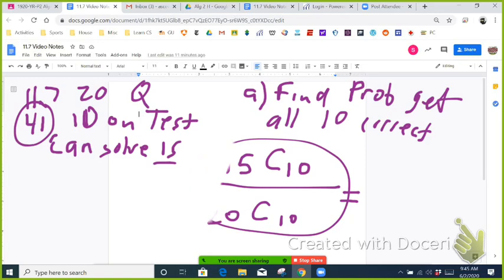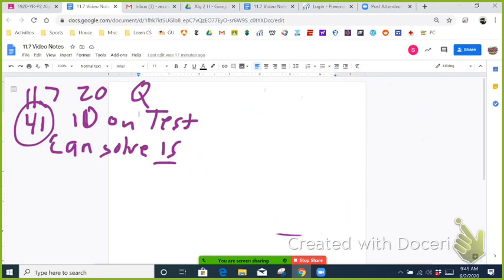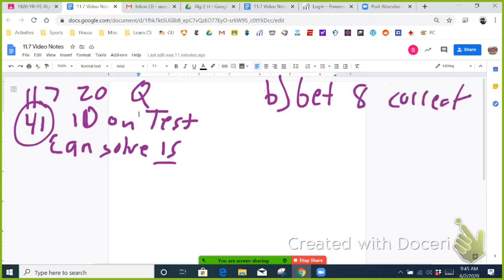Now for part B, it says what's the probability that you get exactly 8 questions right on the exam. So B, get 8 correct. The number of ways you can get 8 correct, if it's a 10 question test, would be 15 choose 8, but then you also have to do times 5 choose 2, because you want to get exactly 8 correct.